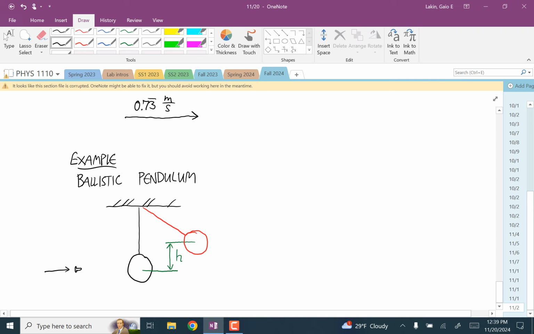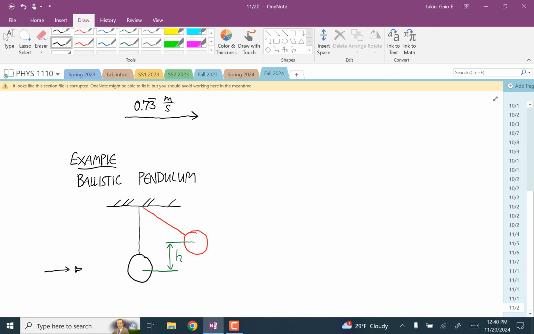are you following what I'm drawing there? So you fire the bullet into this still block. The bullet hitting the block makes the whole thing swing up. And it's a lot easier to just with your eyeballs see where the thing swings up to than it is with your eyeballs to see how fast the bullet's moving or whatever.